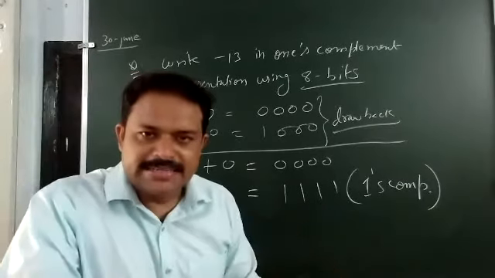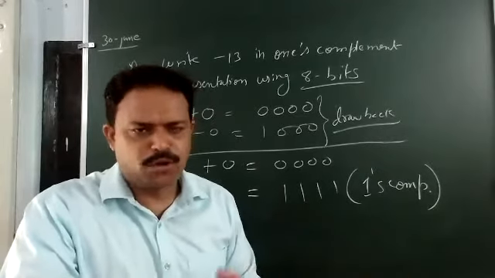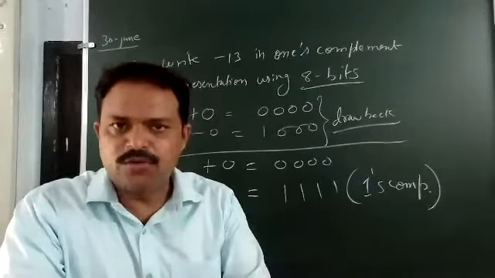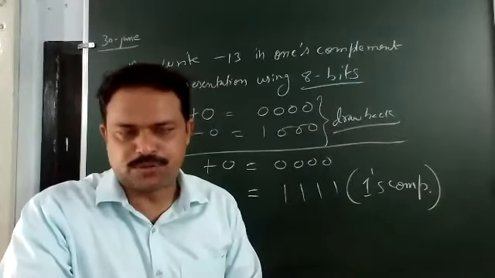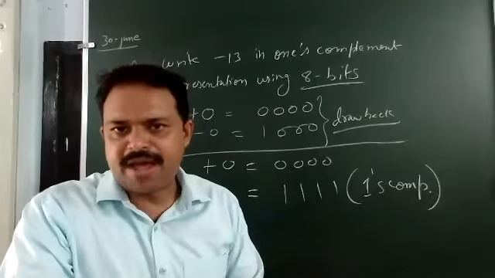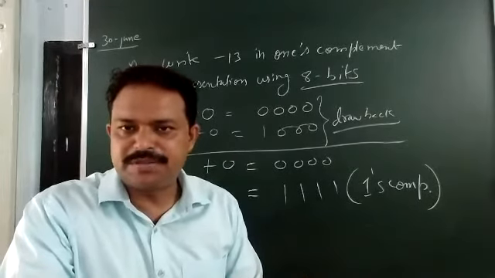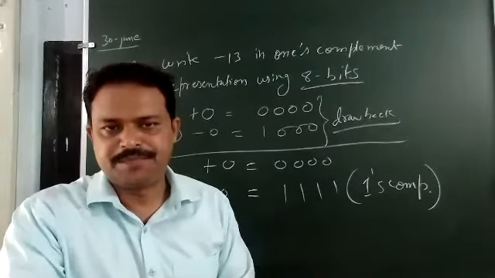This advantage and disadvantage is given in your book also, no problem. That is why I am not dictating it or writing it on the blackboard. This is the major disadvantage of sign magnitude representation and one's complement representation.